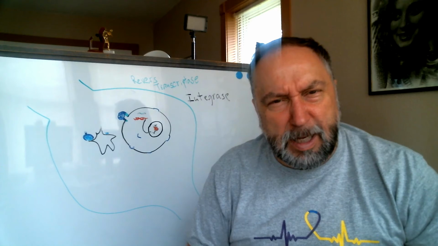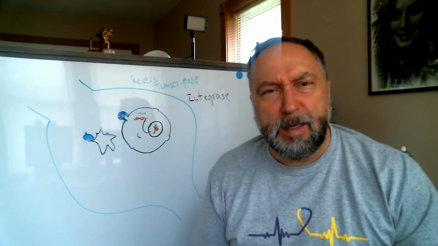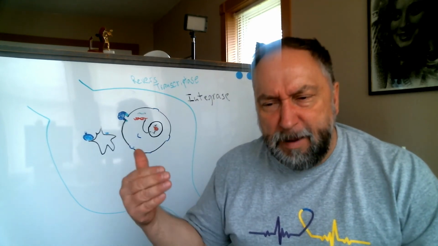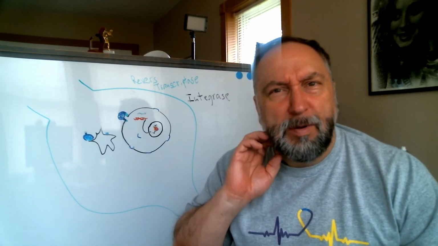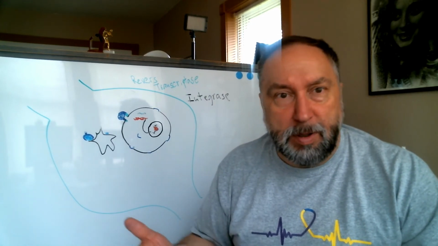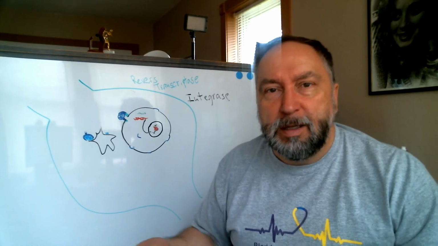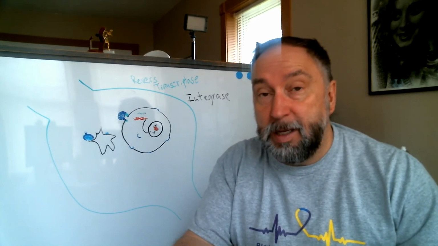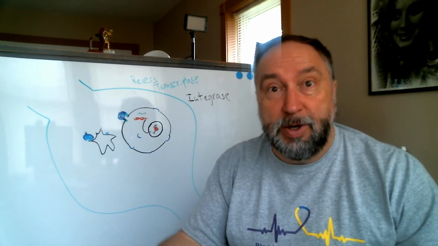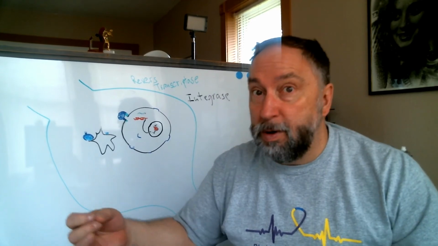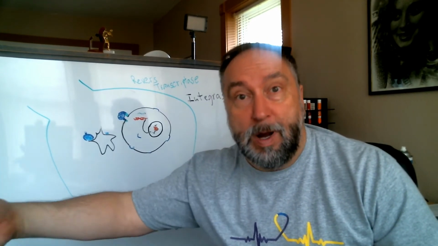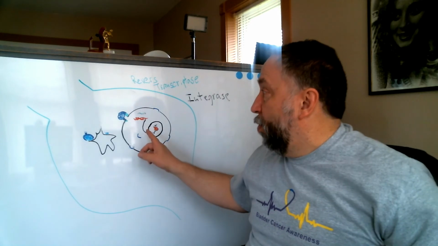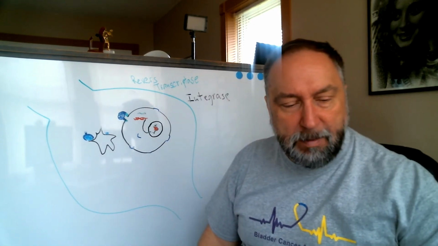But what else does the virus need? What else does that HIV need? Well, it's the things that we just talked about. It's going to need reverse transcriptase. It's going to need integrase. It's going to need those two things in order to create a new one that can go out and create new ones. So what it does is it makes those, but it makes them together.